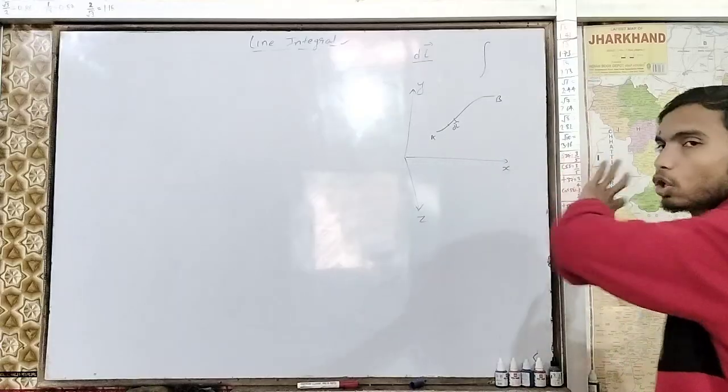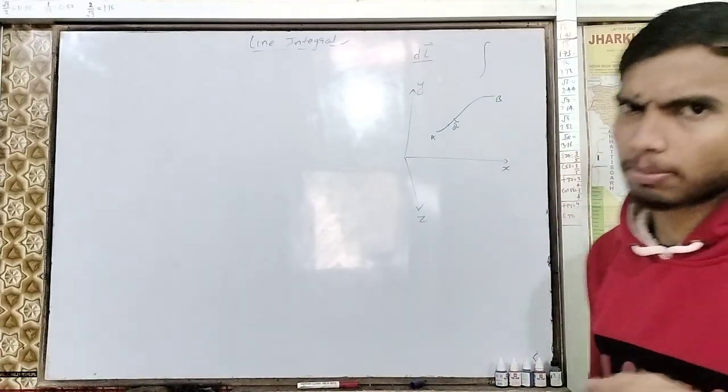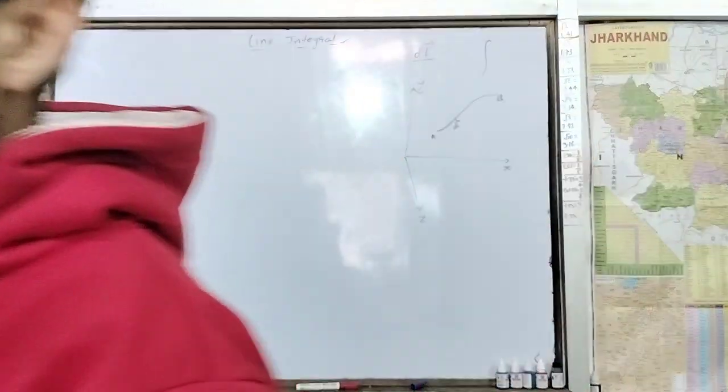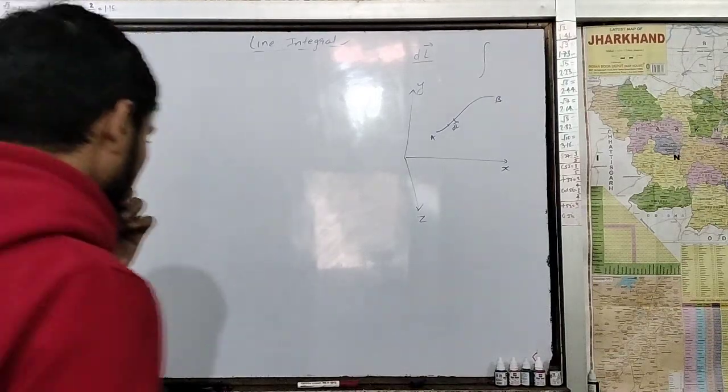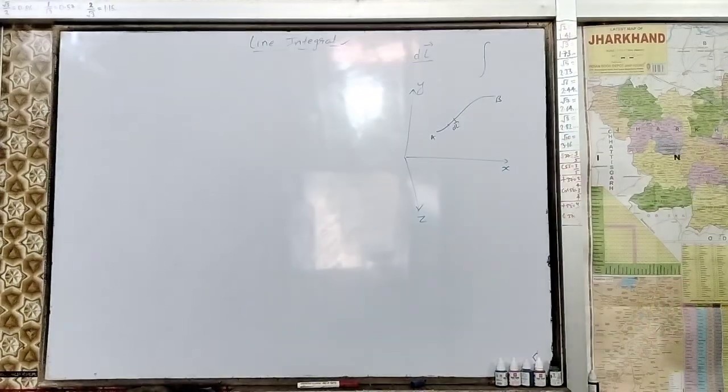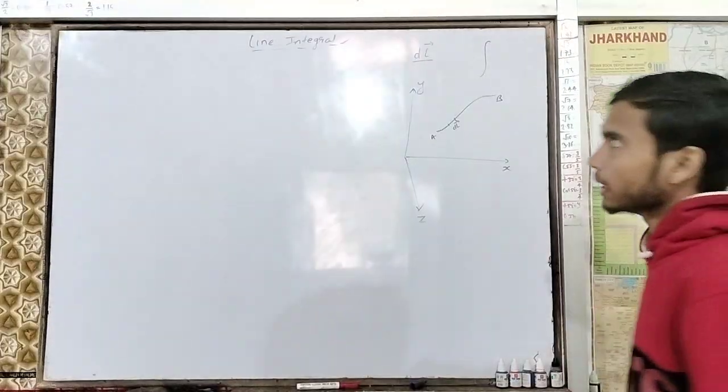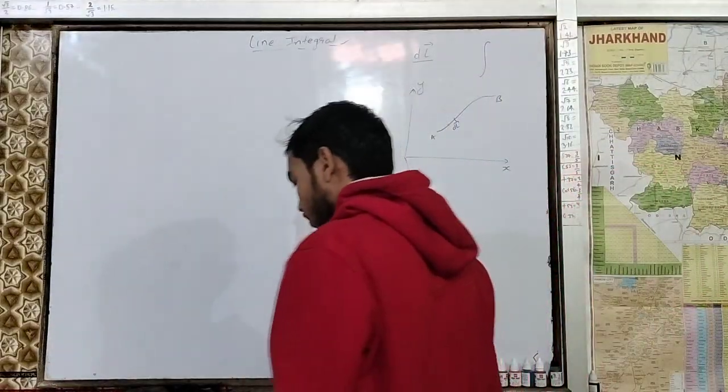That is the meaning of integration. We do integration so that we can add all those quantities that we need, if it is possible with the help of an integral. That's why it is used.